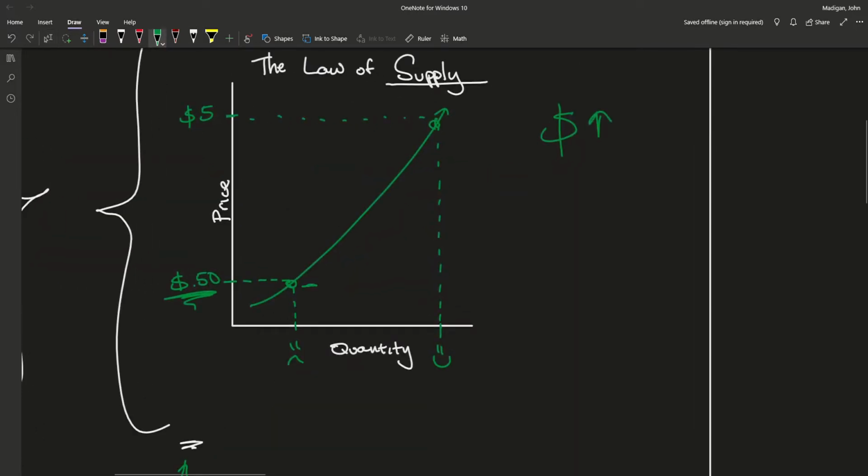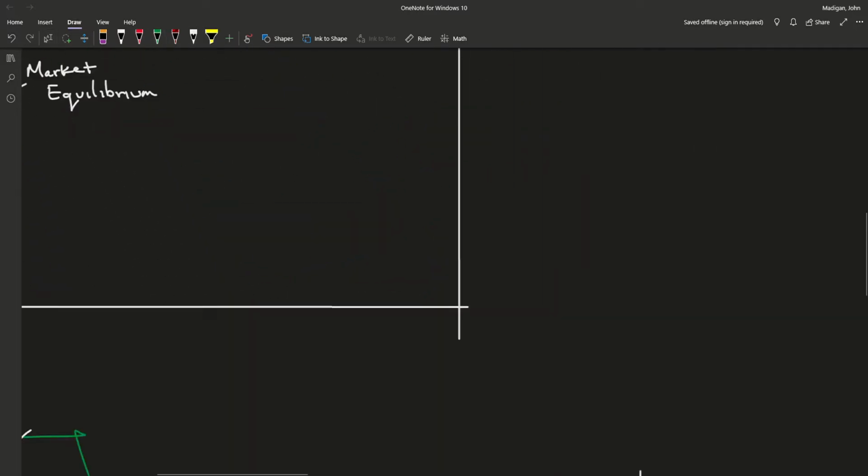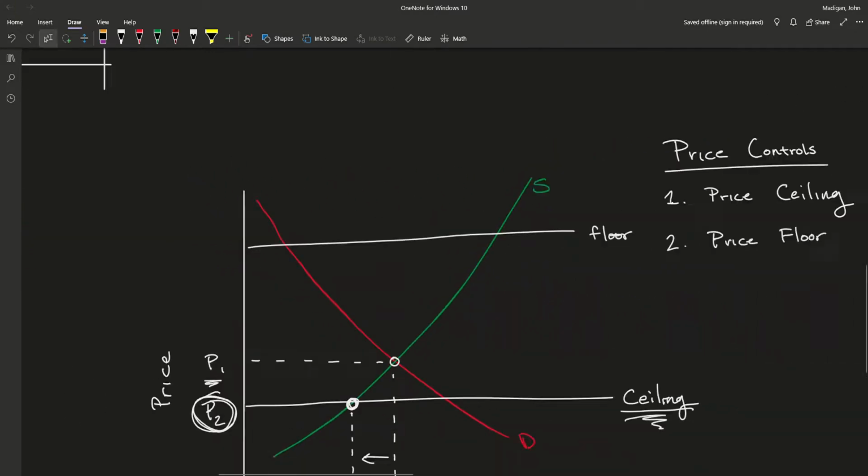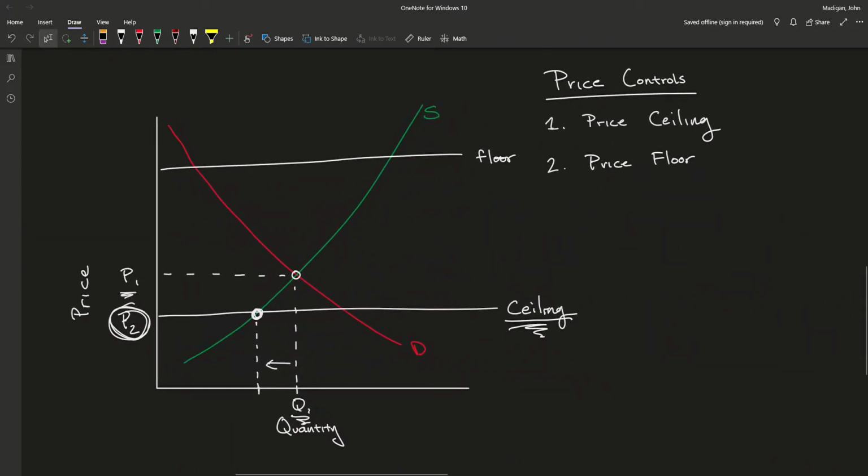So the problem with these price controls down here is that if you price something, like if we price the Advil right here, then it's not going to be profitable for the suppliers.